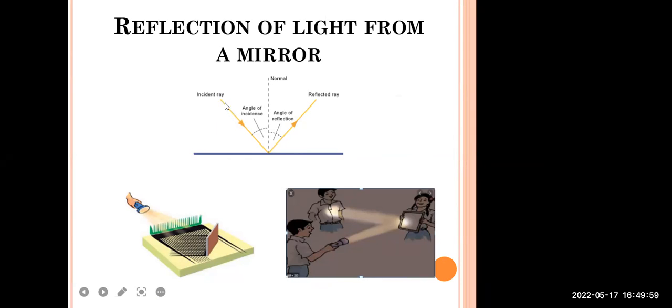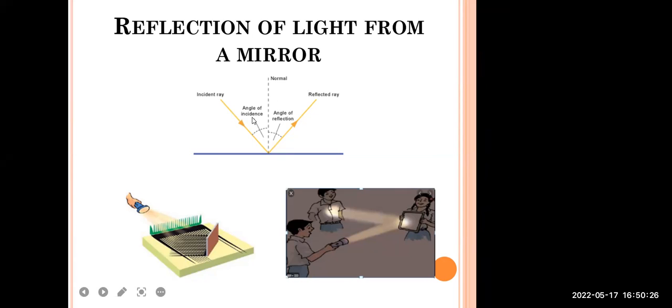The ray which is incident on this surface is called the incident ray. The point where this ray is incident is called the point of incidence, and it will get reflected in the same medium. The ray which gets reflected is called the reflected ray.